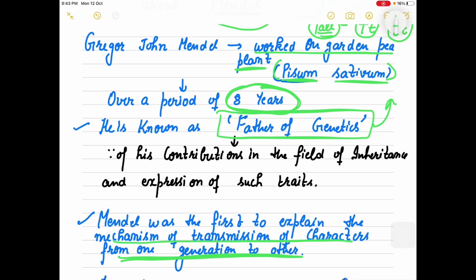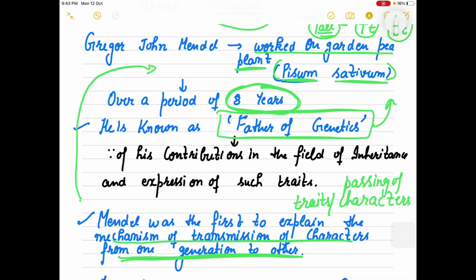Very confidently we say that there is passing of traits or characters from parents to offspring. But who gave you that idea? That was our scientist, Mendel.